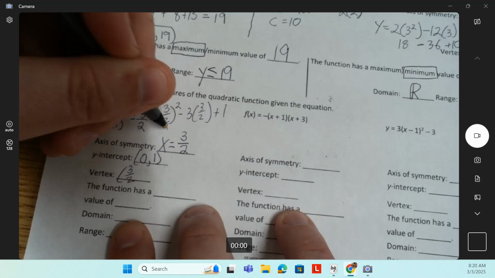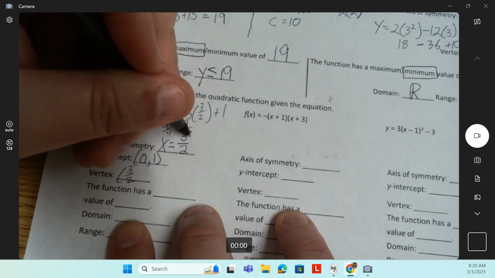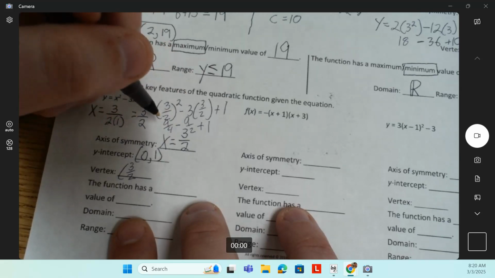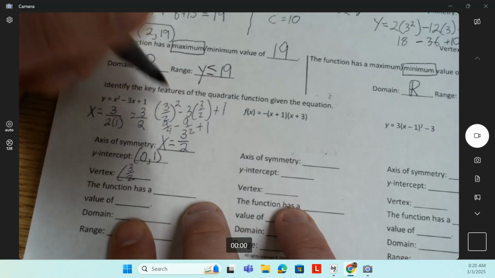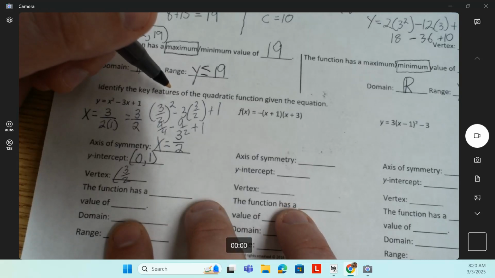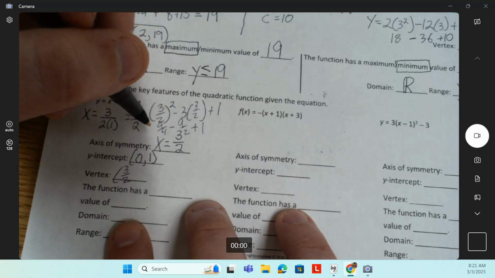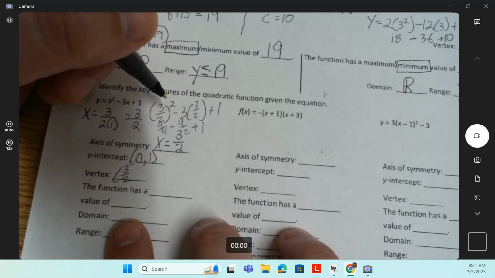So 9 over 4 minus 9 over 2 plus 1. So a little bit of work with fractions. I need to double these to get 18 over 4. And so -18 over 4, and then 1 would be 4 over 4.